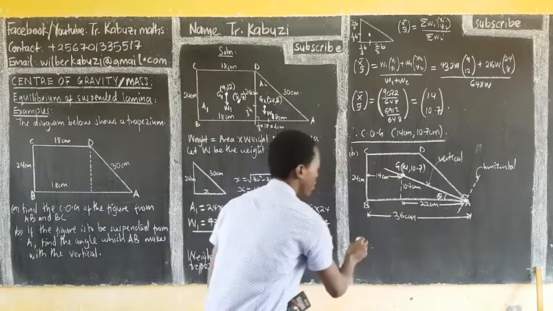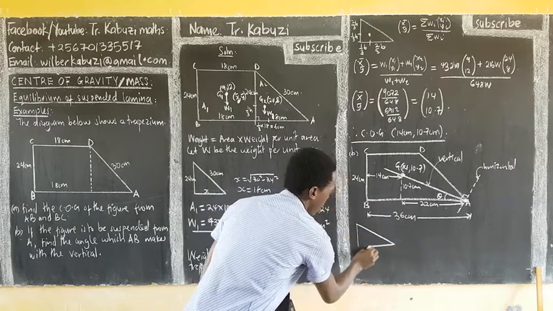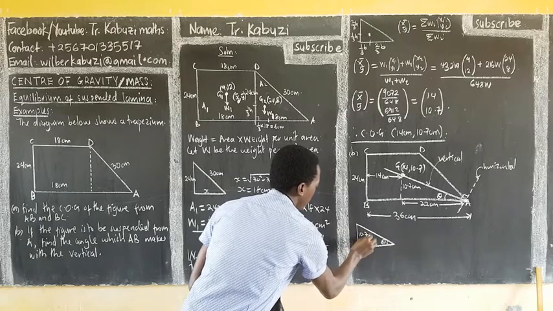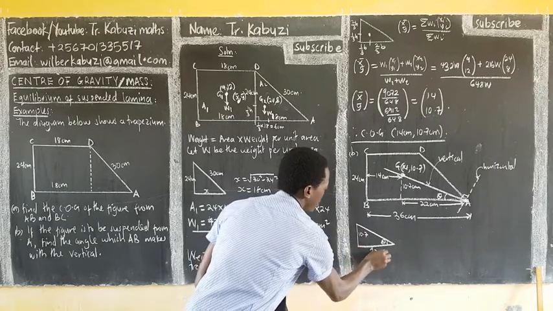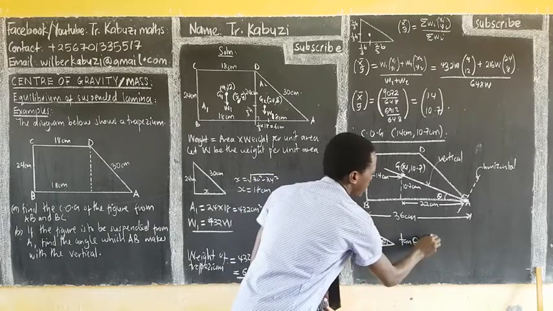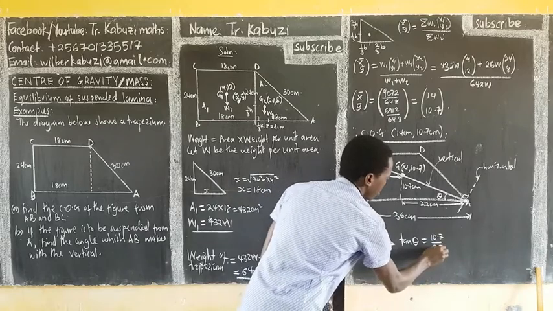So now, basing on that, we use this triangle here. This is our theta, this is 10.7, and this is going to be 22. So that our tan theta is going to be the opposite, 10.7, over the adjacent, which is 22.